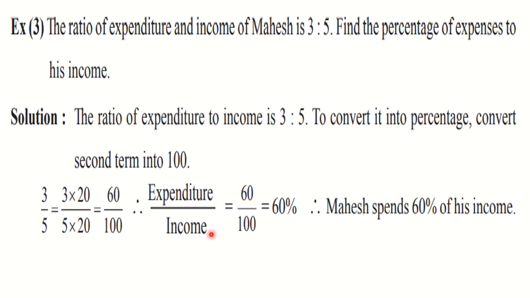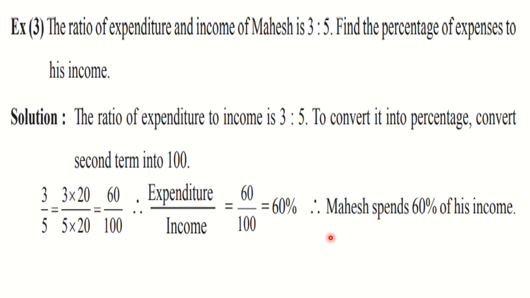Or the second method is, whatever ratio you have, 3 upon 5, multiply by 100. 3 upon 5 into 100, so you will get 300 upon 5, then also you are going to get the answer 60. So whenever you want to find percentage, either you make the second term 100 or simply you multiply by 100 and you are going to get the percentage.